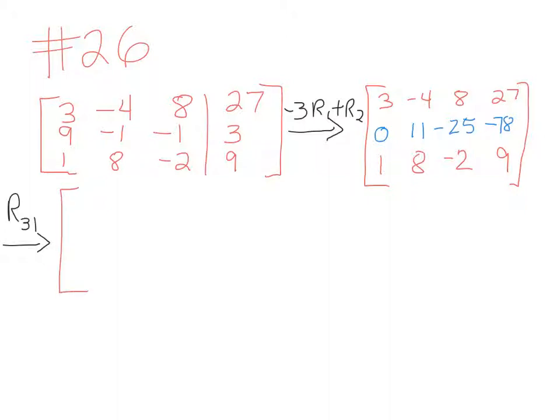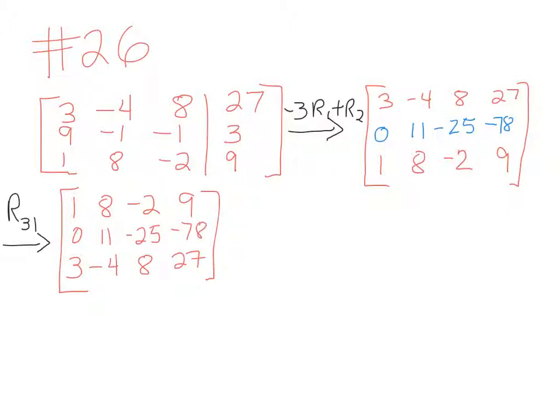We're just going to switch those two. 1, 8, -2, 9. And that's what we could have done on the first step if you wanted to. So it's 3, -4, 8, and then 27. The second row, it's 0, 11, -25, and -78.